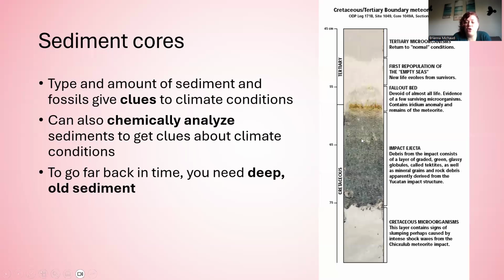And so you can look at what you find in that sediment in order to piece together what was going on at the time. So you can do things like looking for little fossils or microfossils. You can look at what the sediment is made of, like is it made of basalt or silica or other things. You can also analyze it chemically to figure out a lot of different stuff about it.